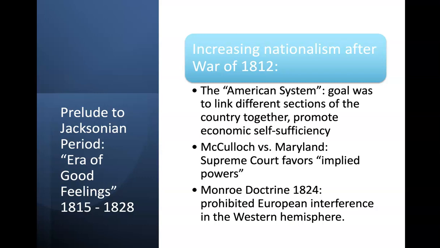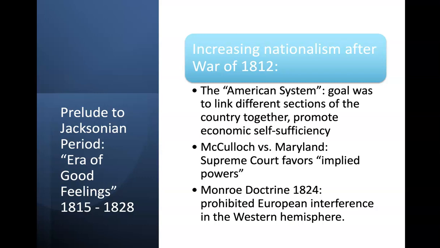So the theme here, as seen in the slide, when we discuss the era of good feelings, is increasing nationalism. Okay, so we're going to look at three things mentioned in the slide: the American system, a court case called McCulloch versus Maryland, and an example of American foreign policy, which I just described as isolationism.